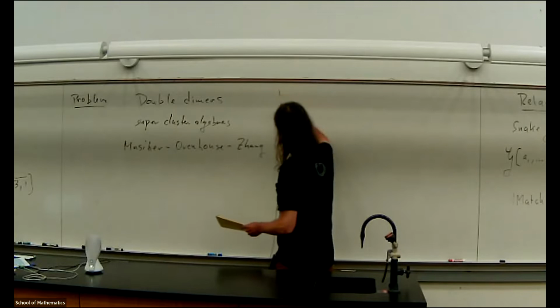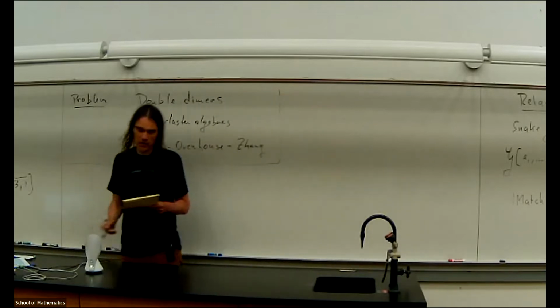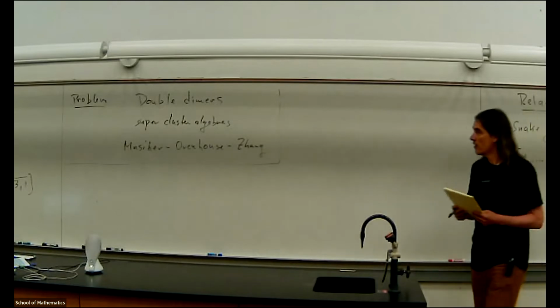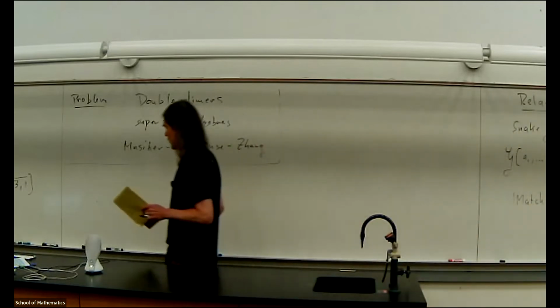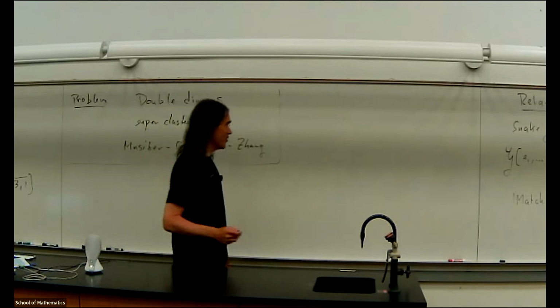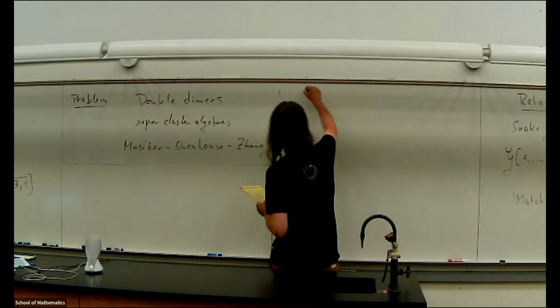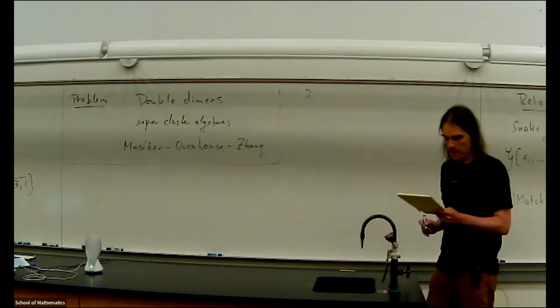So you can ask, can you modify the continued fraction so that you get something that counts double dimer covers of the snake graph? This is actually a problem one can do, I think. Not so sure about the other ones that I'm going to present.